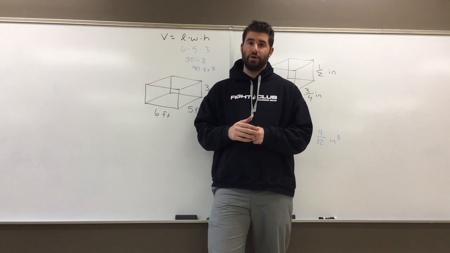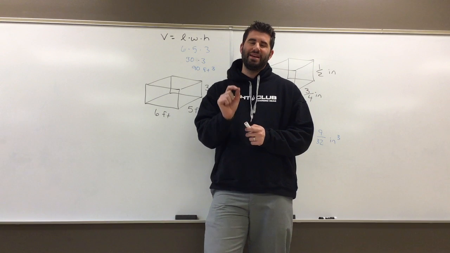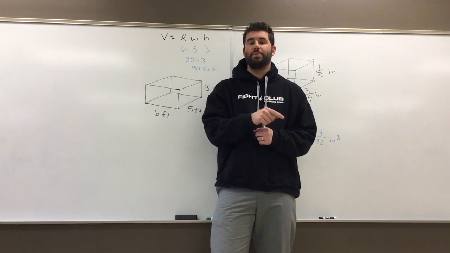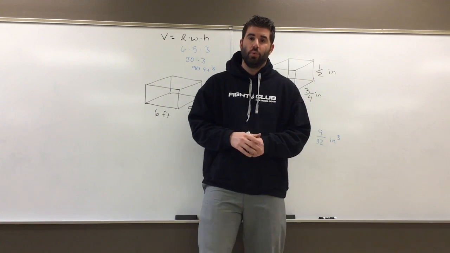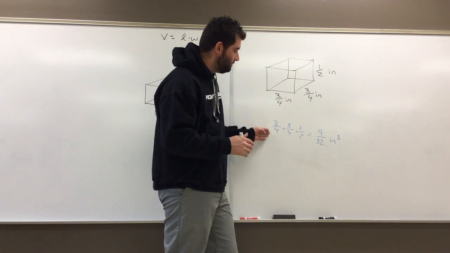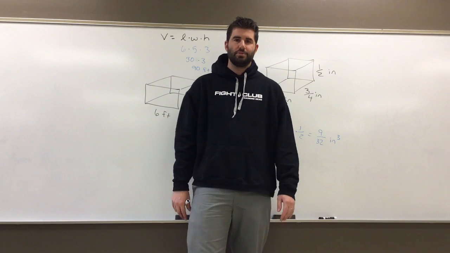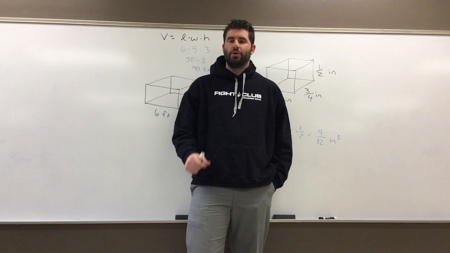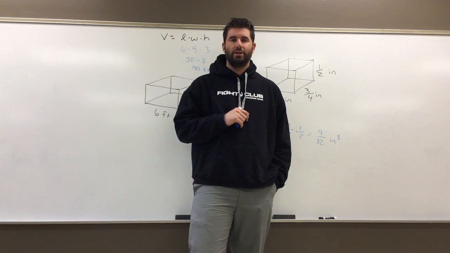So that should be no problem. If we're doing mixed numbers, you have to turn them into improper fractions first. Once you turn them into improper fractions, you just multiply across just like I showed you. Okay? So we can do this. It's just multiplying length, width, and height. That's all volume is.